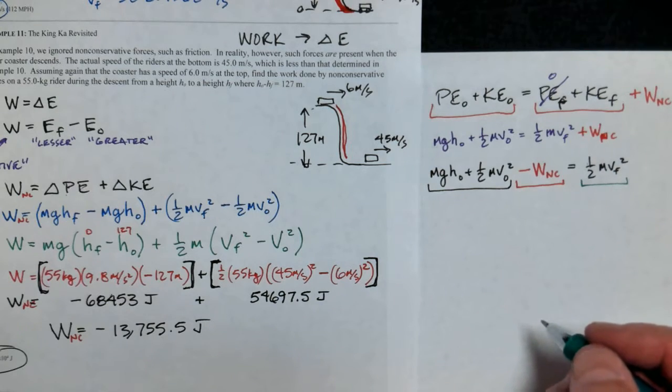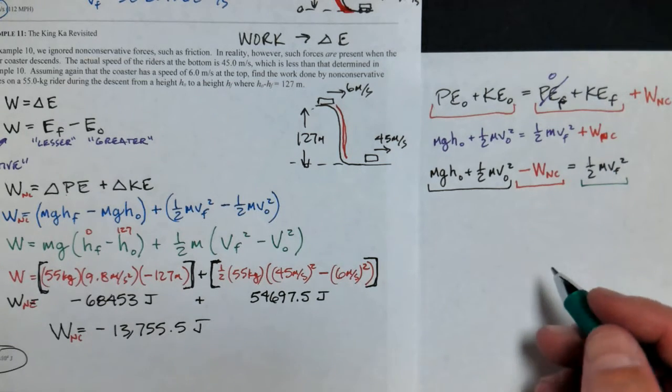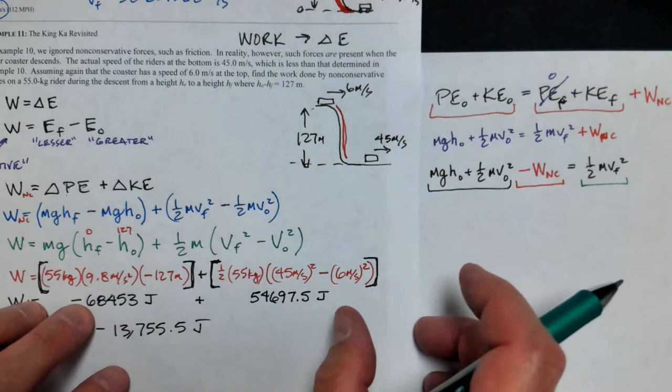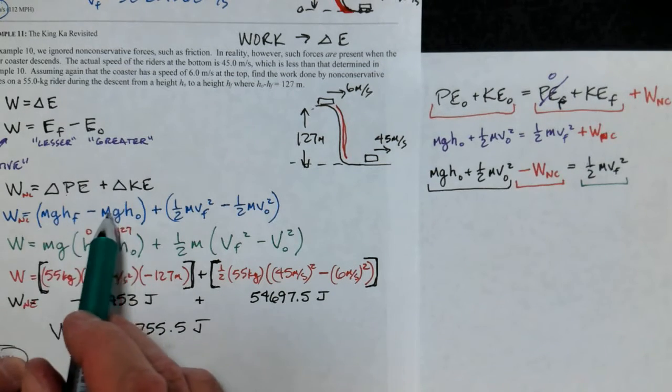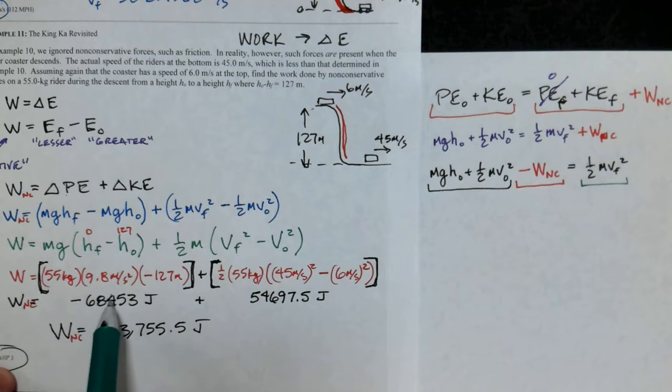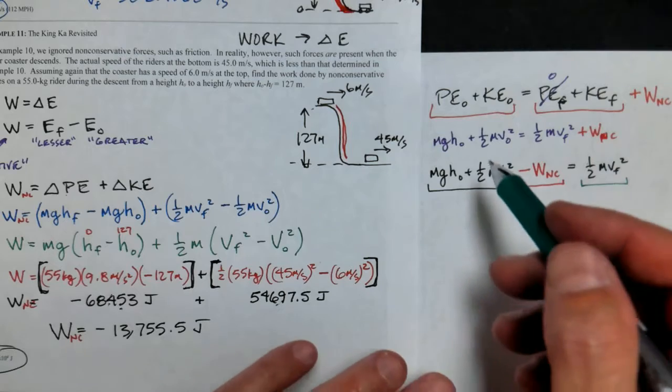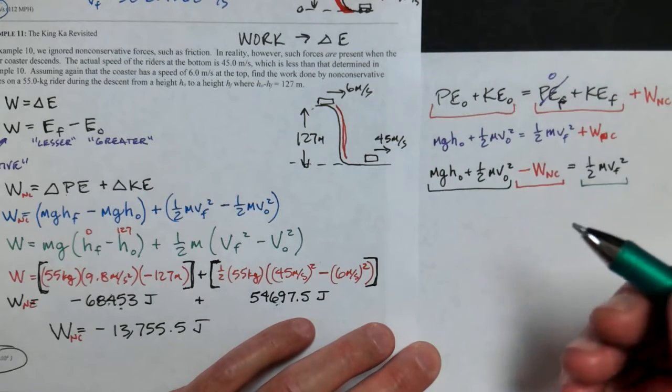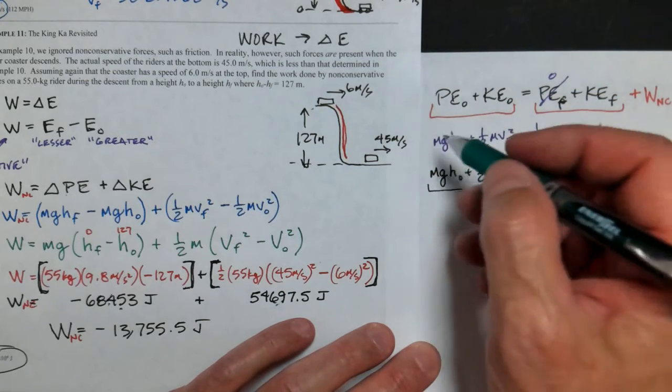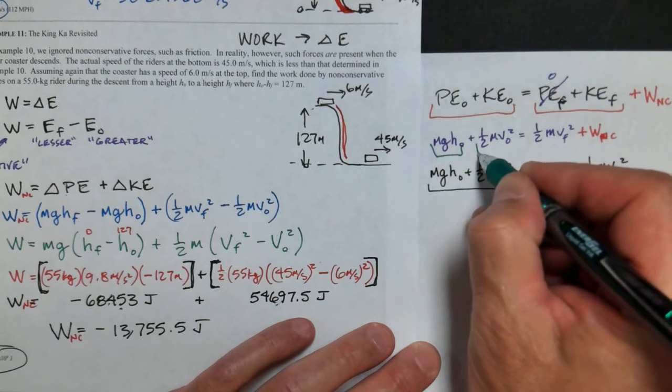So if you want to think about it, the work is equaling the change in energy, just looking at final minus initial and seeing that this is negative and this is positive, because of course potential energy decreases, kinetic energy increases, but there's some loss, and that's the non-conservative work. Or you can think of it as the bucket approach. You've got a bucket of energy here, a bucket of energy here.